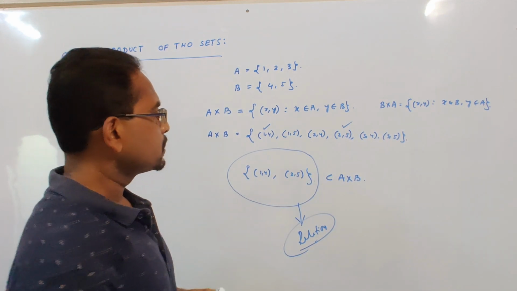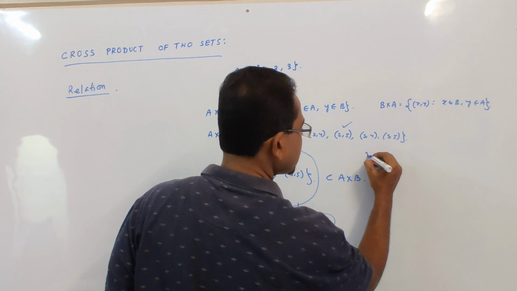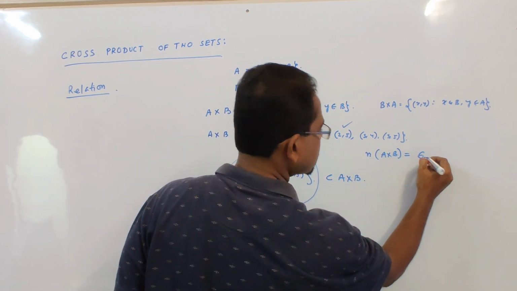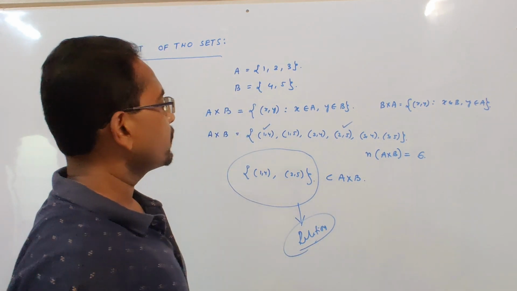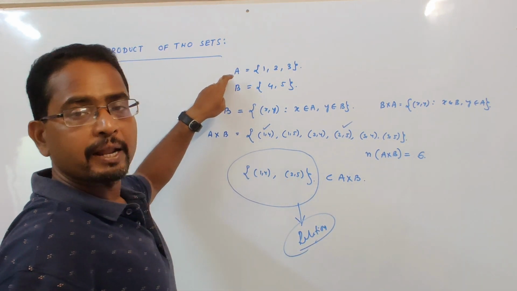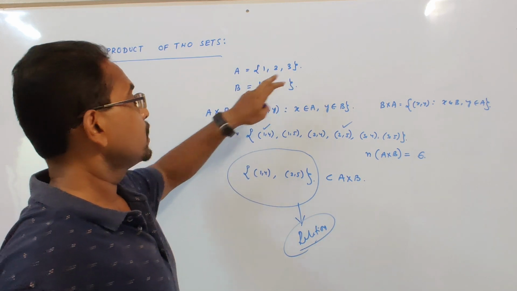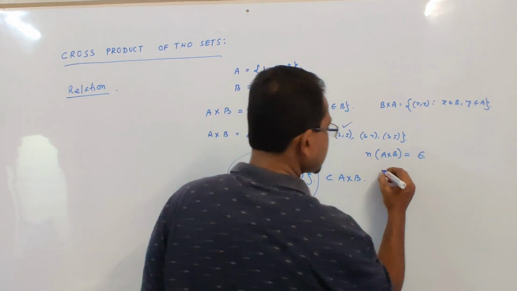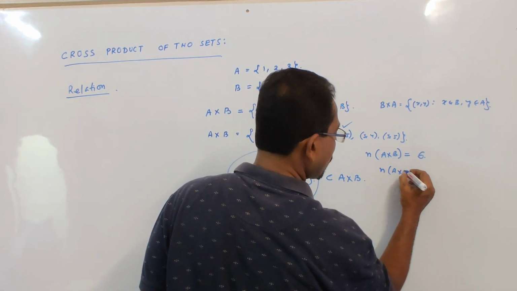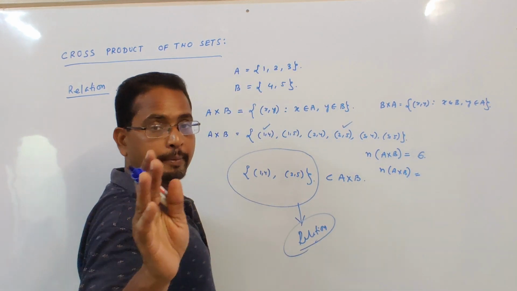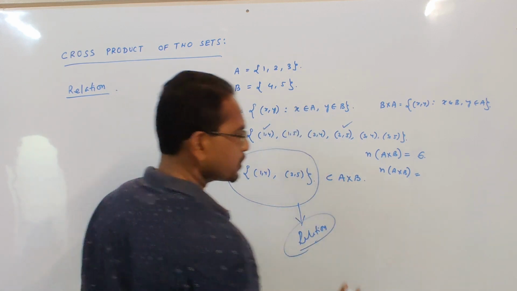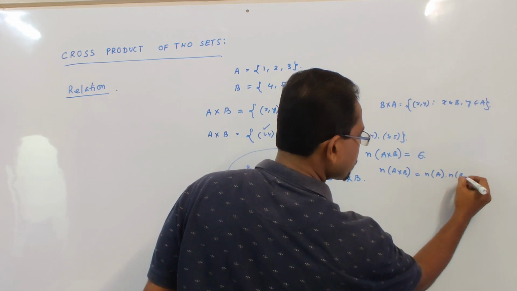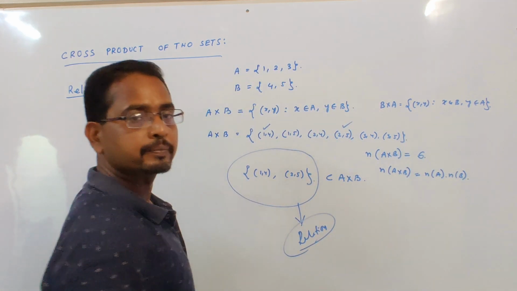So the number of elements in A cross B is equal to 6. If we see closely, the number of elements in A is 3 and the number of elements in B is 2. So we can say that the number of elements in A cross B is equal to the number of elements in A times the number of elements in B.